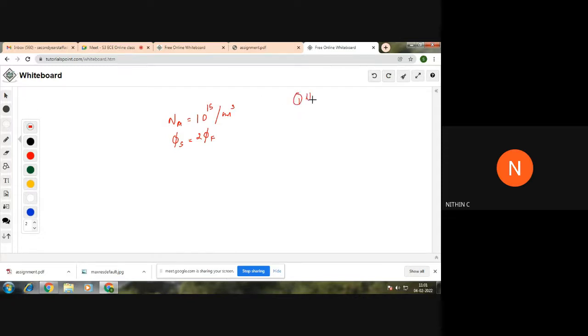Width Wm is equal to, you know the expression for that. If you have understood it, you can start doing it. I am not writing the general expression again.